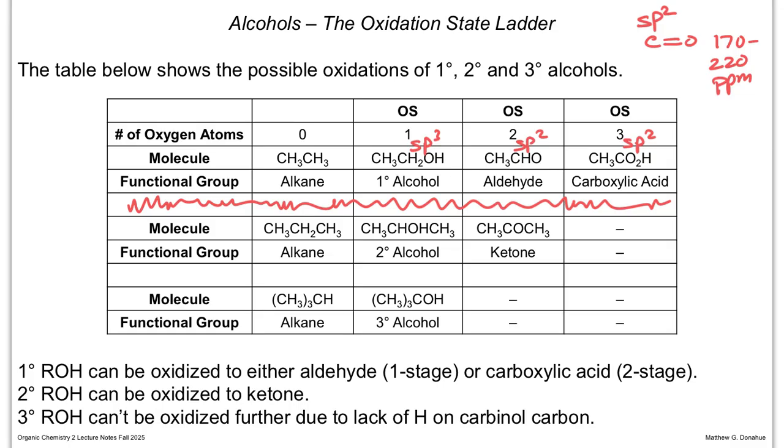Notice the last example. If we were starting with this alkane that now has a tertiary carbon, it has an H. That can be oxidized to an alcohol, but from there it can't go any further because that carbon no longer has any hydrogens. It cannot do an elimination.